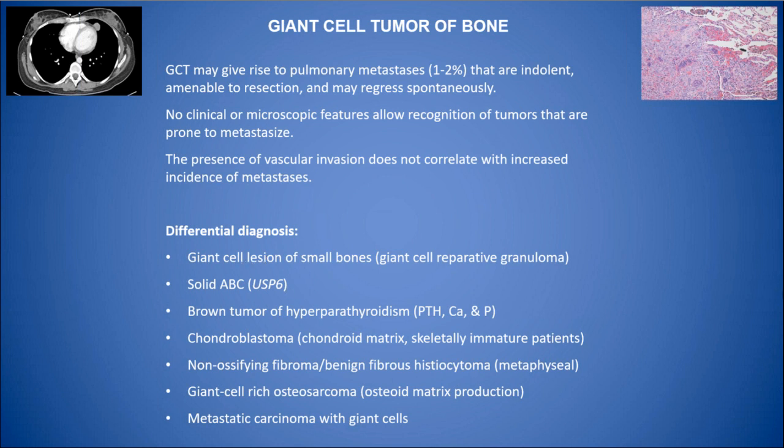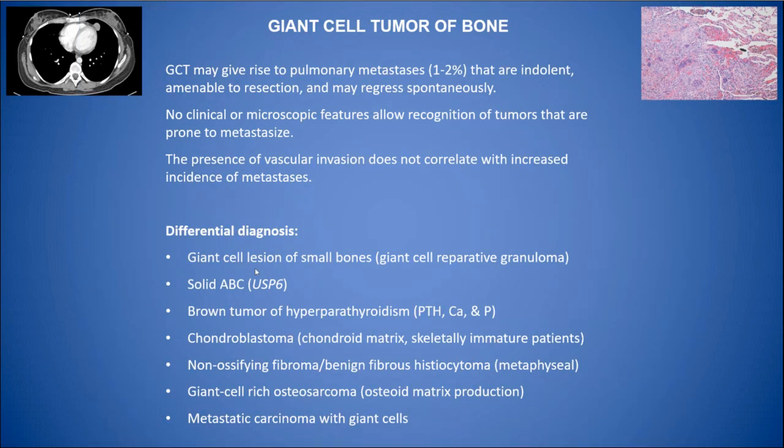Another entity that needs to be distinguished from giant cell tumor of bone is brown tumor of hyperparathyroidism. This looks more like a giant cell reparative granuloma in terms of the distribution of the giant cells. They usually are not evenly distributed. The same with these two lesions. The distribution of the giant cells in giant cell tumor of bone is so diffuse and so uniform that on almost every section that you submit, you're going to see the same thing.